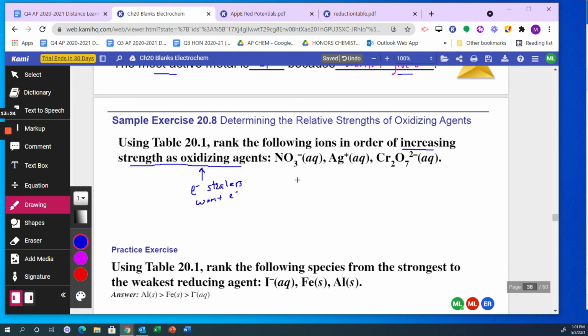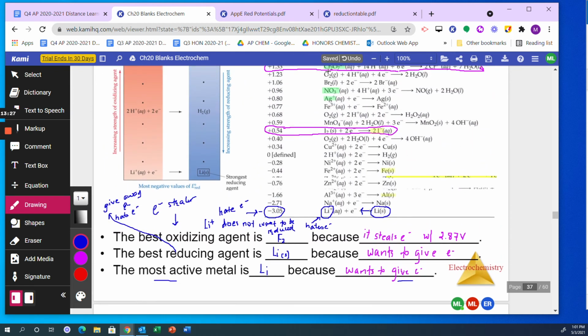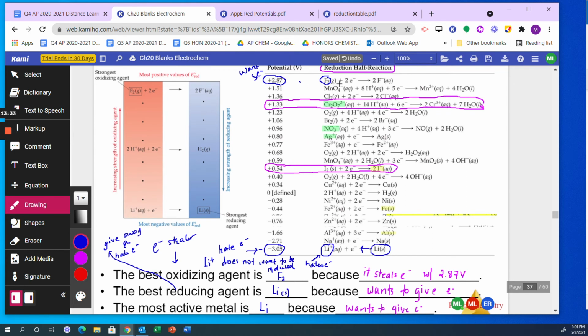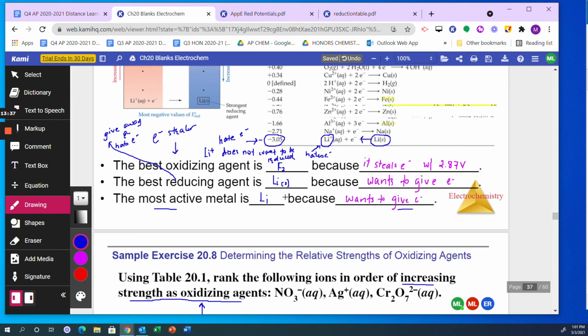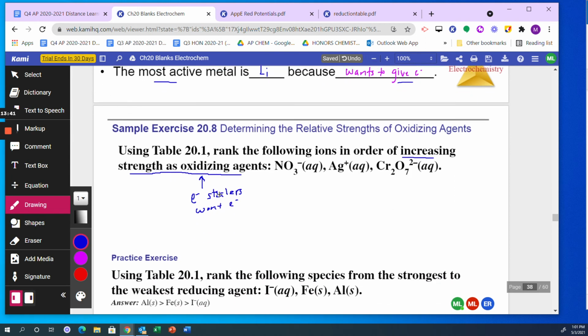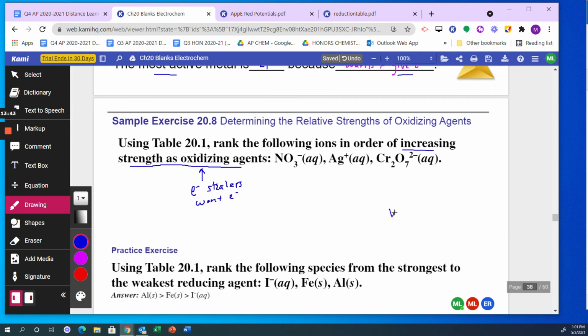So would that be on the top of the chart or on the bottom of the chart? You're right, it would be on the top. It wants electrons up here, giving you a positive potential. So increasing strength as oxidizing agent, this side wants electrons, and this side hates electrons.